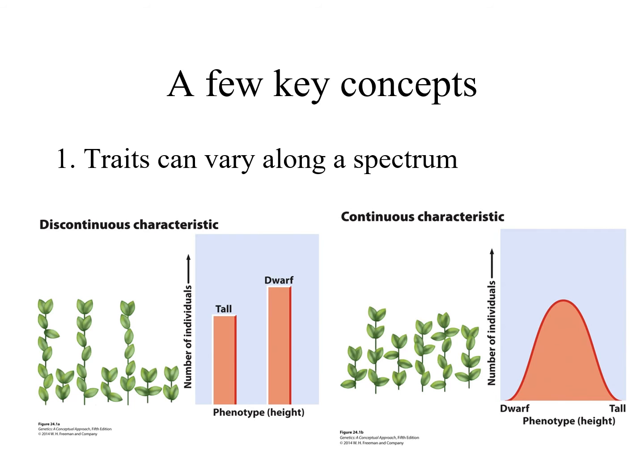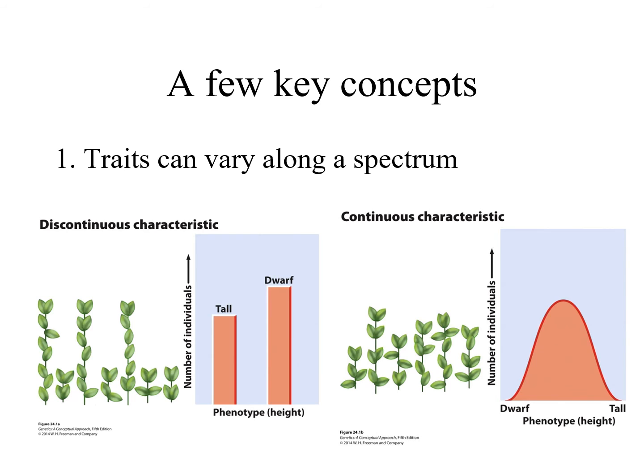Now, those are important, and traits like that can experience natural selection. But when we talk about the subtleties of selection, it's more useful to use examples that have continuous variation. And the reality is most biologically important traits do vary along a spectrum, continuous. Most things that make us human are traits that have continuous variation.